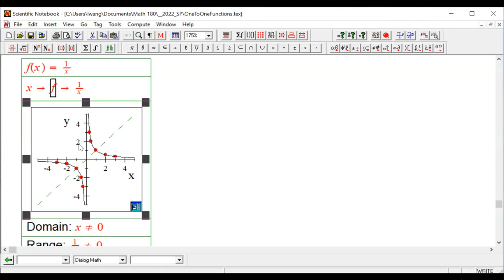So if you graph it again, you're going to get the same function. But this time we see both the function and its inverse in the same picture. All right, symmetrical. So these functions are inverse to each other.